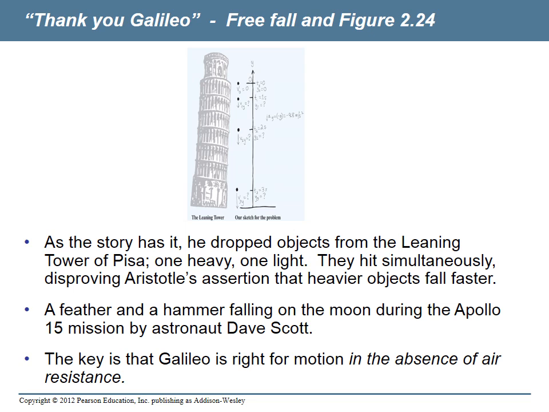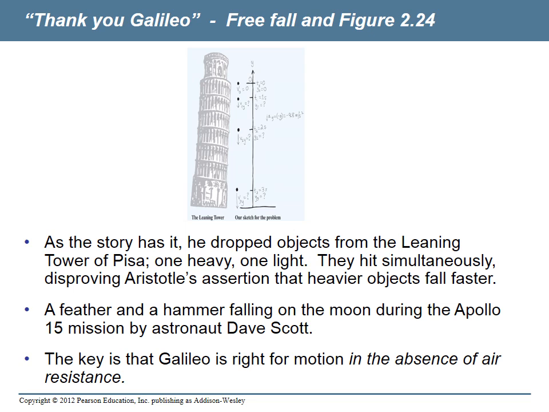This is a little bit of background on how the ideas of free fall developed. As the story goes, Galileo dropped objects from the Leaning Tower of Pisa. One was heavy, one was light. They hit simultaneously, which disproved Aristotle's assertion that heavy objects fall faster.